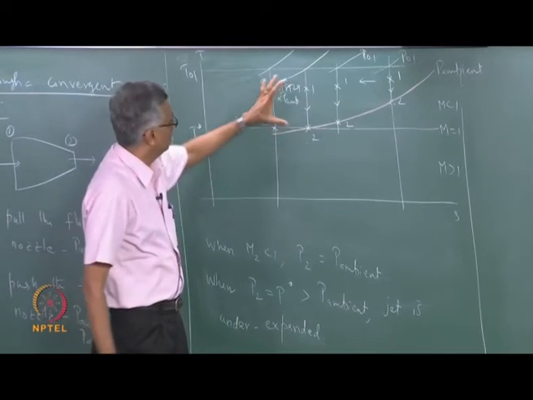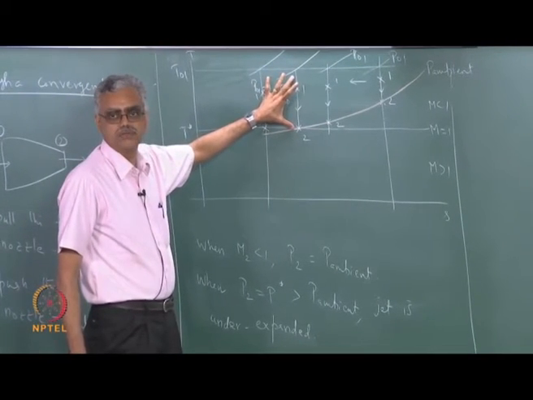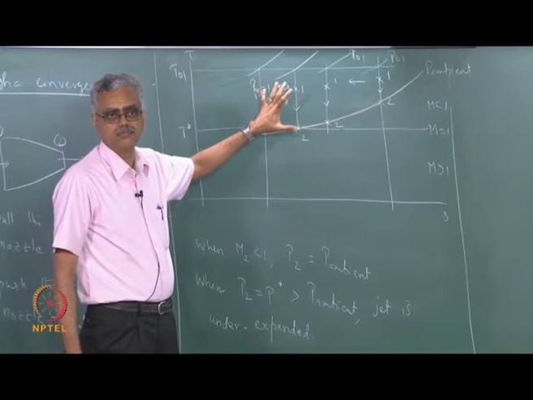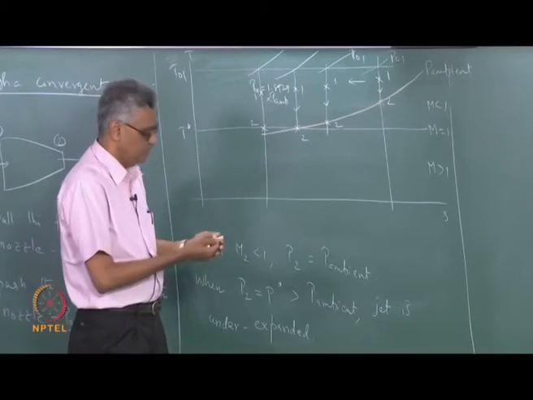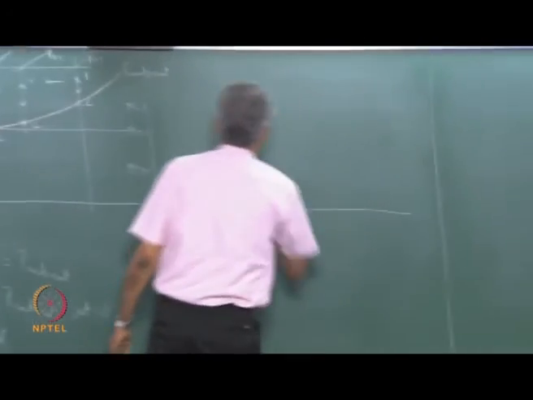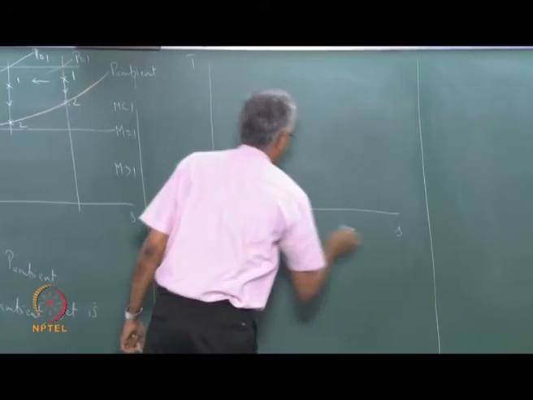In the previous case, once I attained this type of a situation, the process curve did not change, it remained the same. If I draw the other curve for comparison, if you recall, the previous case looked like this.